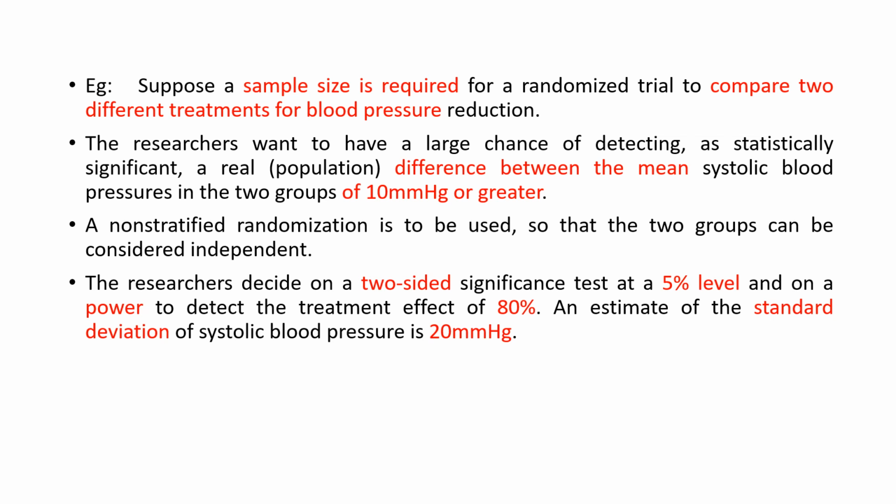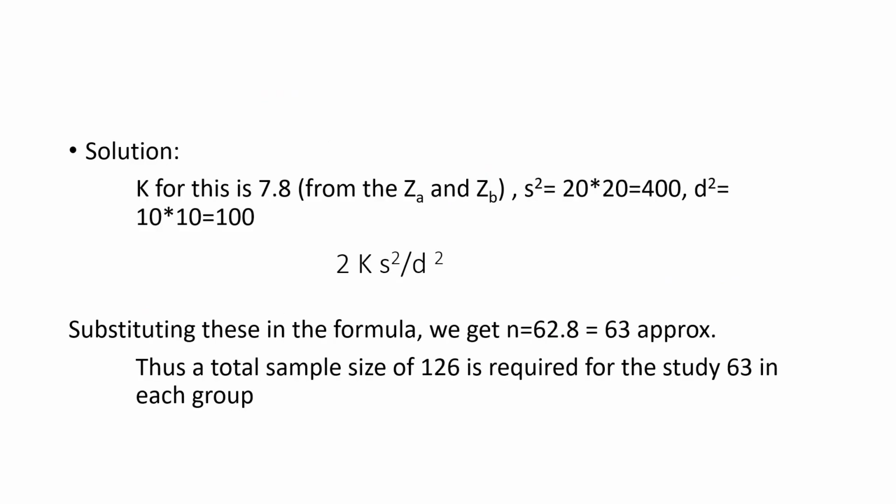Considering alpha of 5% and power of 80%, the standard deviation of systolic blood pressure given is 20 mmHg. You calculate the sample size, so it's 2 into k, again putting in the formula, S is the standard deviation divided by d square, which is the precision. You get 63 subjects. So a total sample size of 126 is required for the study, 63 in each group.